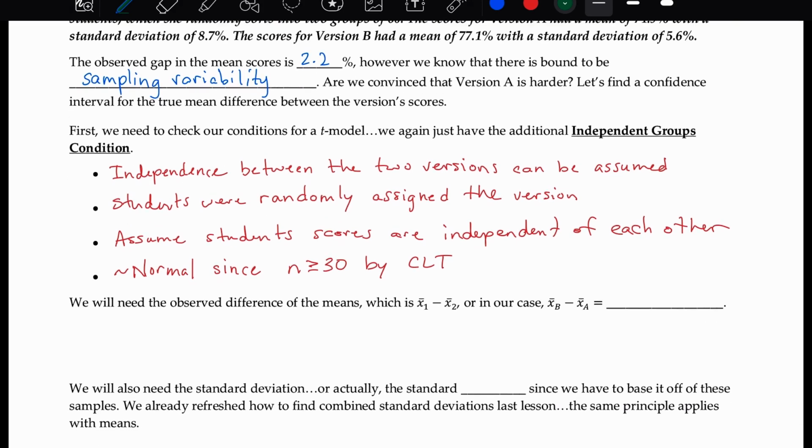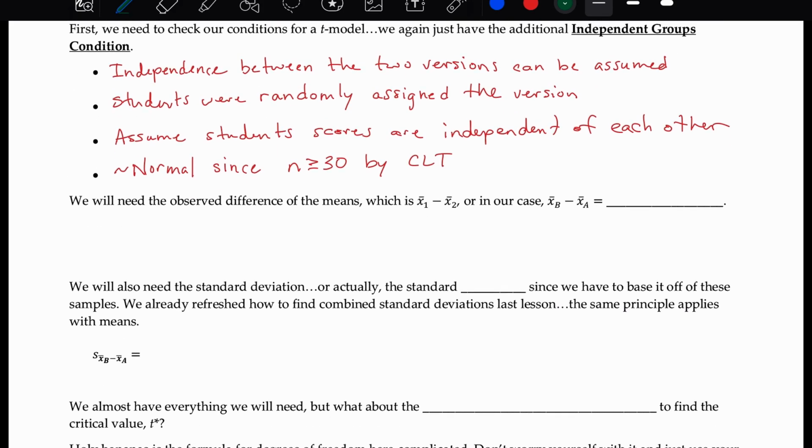So now let's go ahead and move on to doing some calculations. First, we have to have our observed difference between these two, which we already did. We're going to use the subscripts x bar sub b and x bar sub a, which represent our different versions, B and A. So the observed difference here is 2.2%.